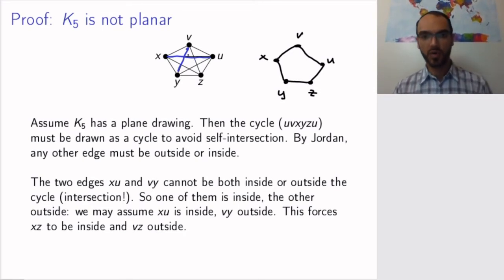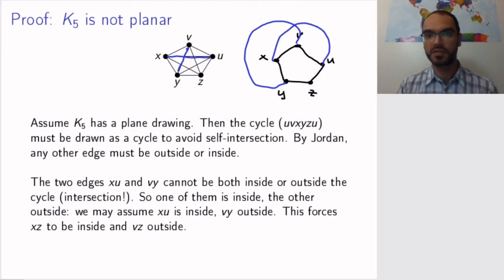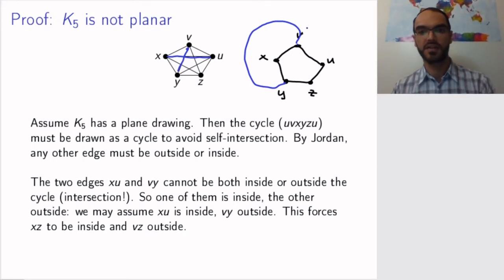Well, if they are both on the inside, since they sort of go between vertices that are across from each other, they will intersect each other. And if I draw both of them on the outside, so VY and XU, then however I do, they will intersect on the outside. So I can't do that.